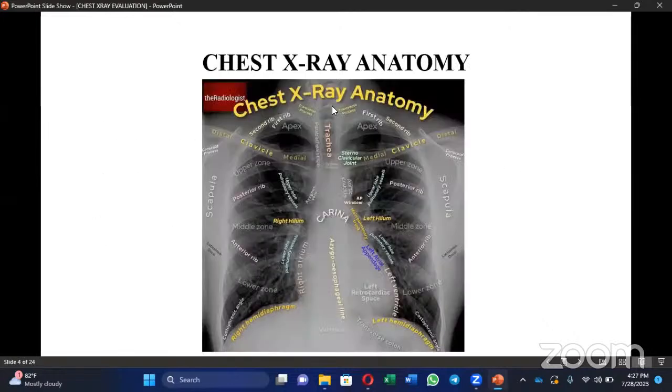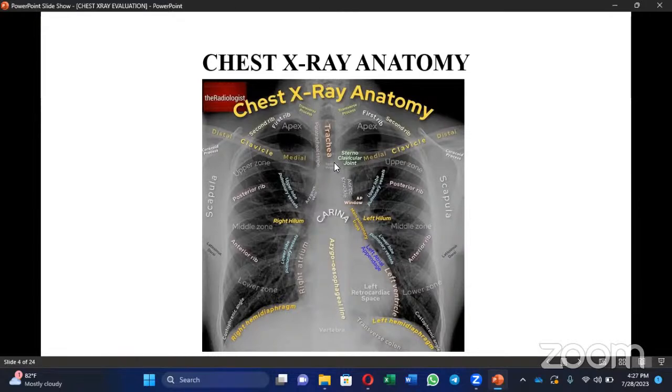You see, there are little dots within the trachea. These dots that we see are the spinous processes. So the assessment of rotation is done by measuring the distance from the spinous process to the medial aspect of the clavicle.